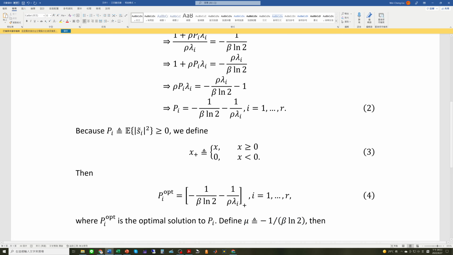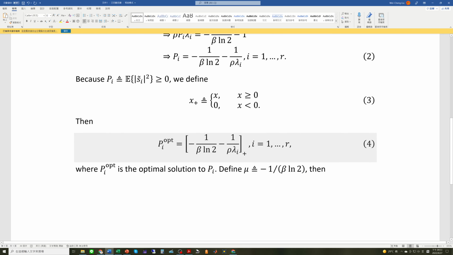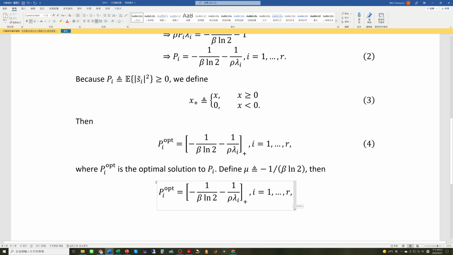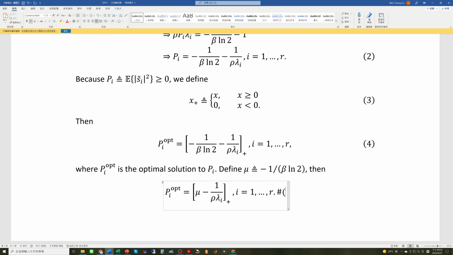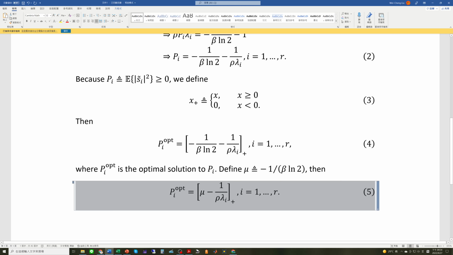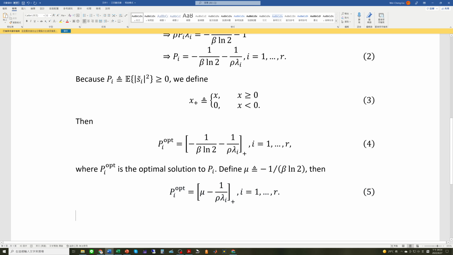Then PIOPT is equal to mu minus 1 over rho lambda I plus, where I is equal to 1 to R. So this is equation 5. So this completes the solution.